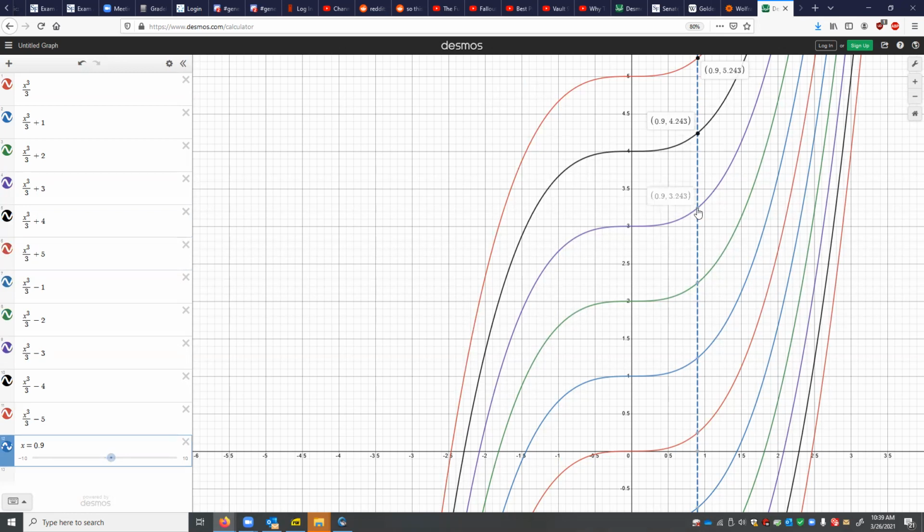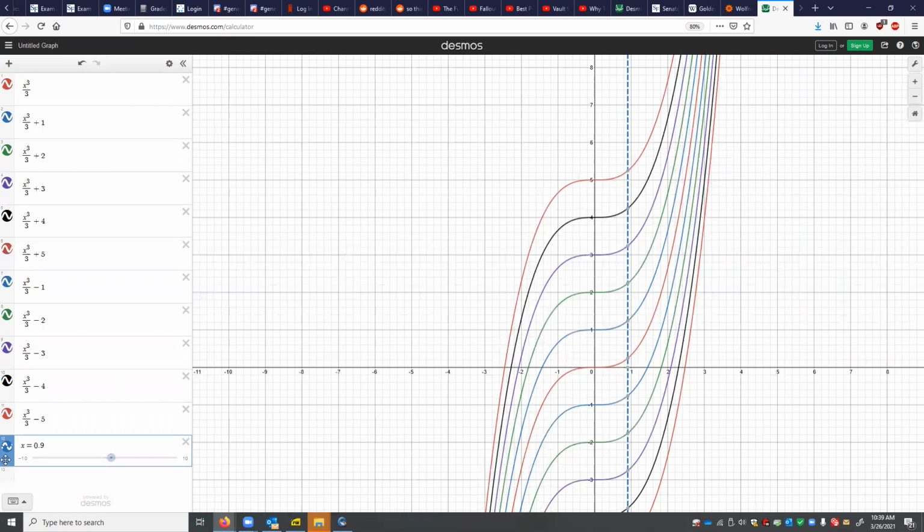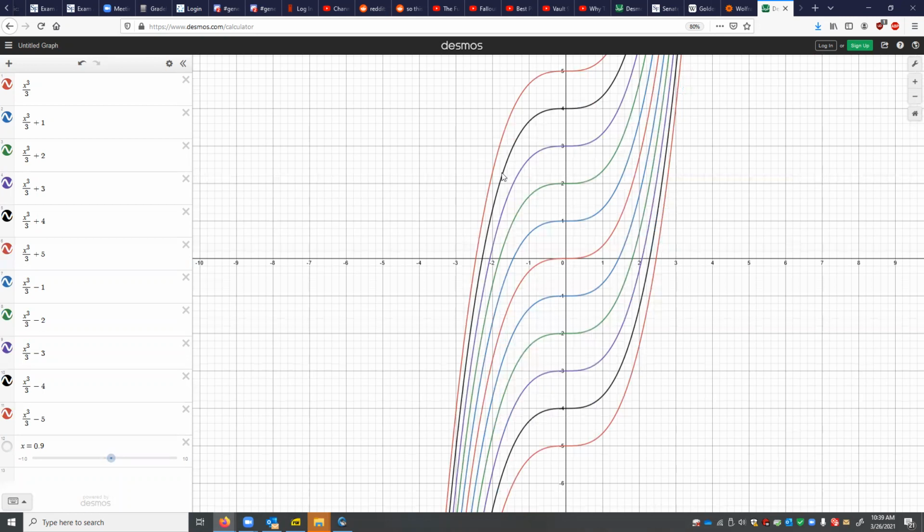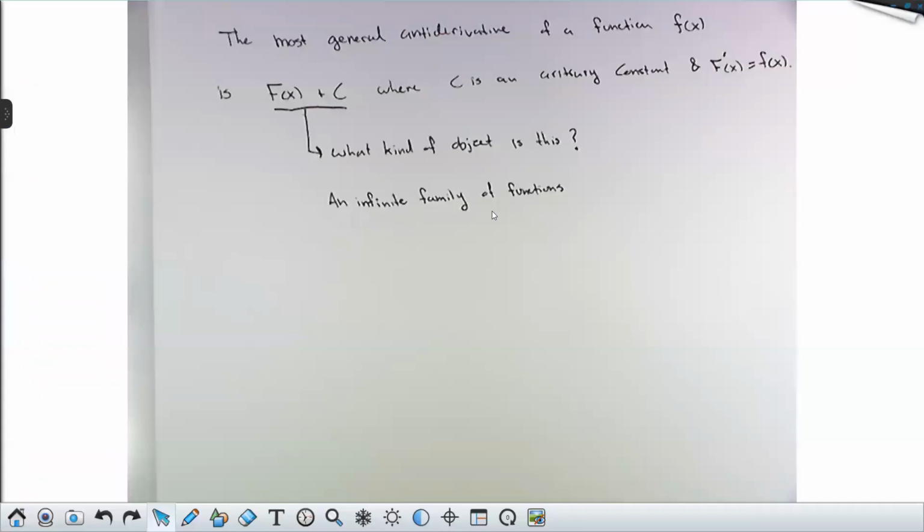All of these multicolored functions here have the same slope at any particular x value. So the most general antiderivative for a function is this infinite family of vertical translates. It's all the vertical translates of a given function because they'll all have the same slope at any given point. That's what this means.